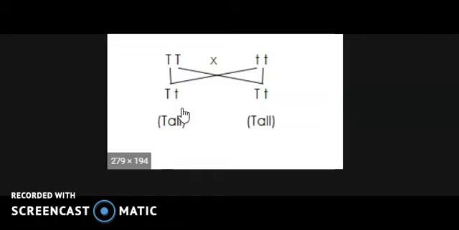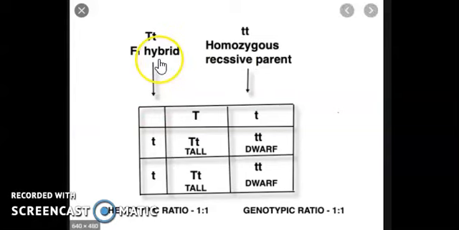The F1 hybrid capital T small t is crossed with the homozygous recessive parent, small t. In the checkerboard method, the F1 hybrid, capital T small t, is crossed with the homozygous recessive parent, small t. This produces two types of individuals in the F2 generation, tall and dwarf, in a 1:1 ratio.